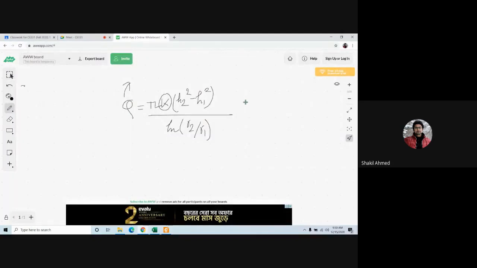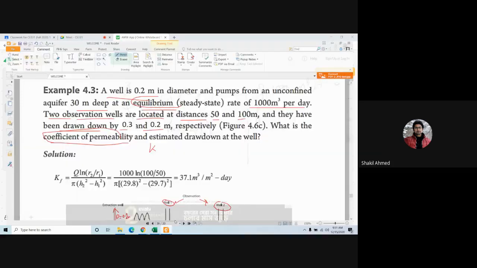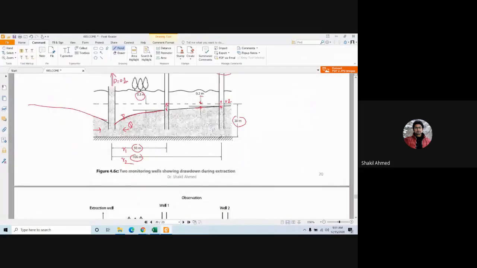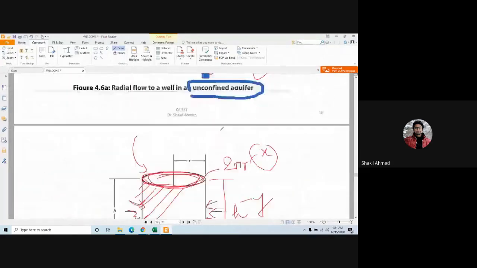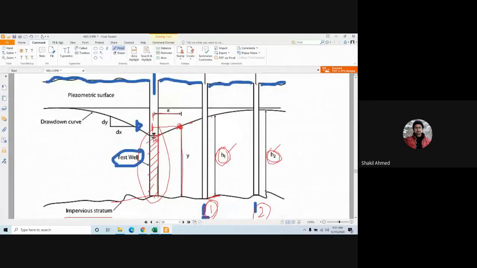So Q equals 1000 meter cube per day. What is H1 and what is H2? What is H1 first of all? Remember, again, H1 and H2 are from the bottom, not from here.